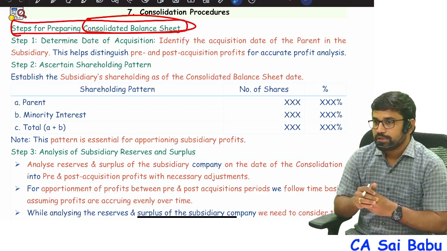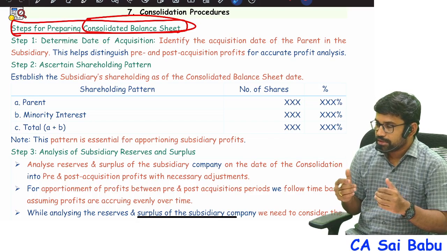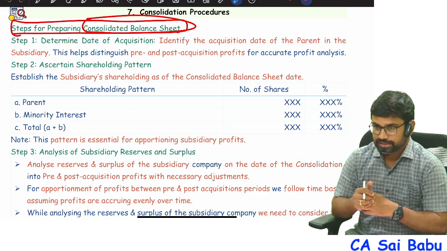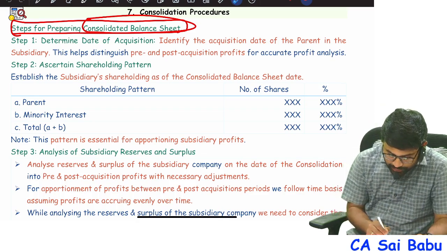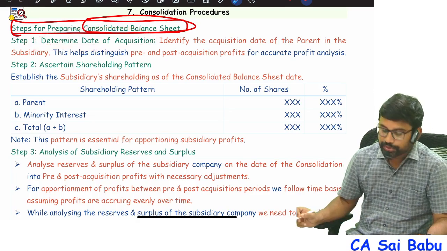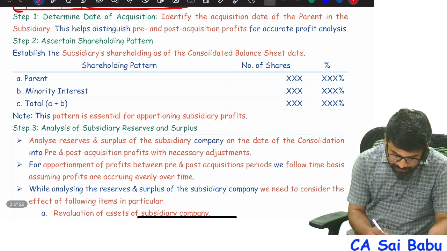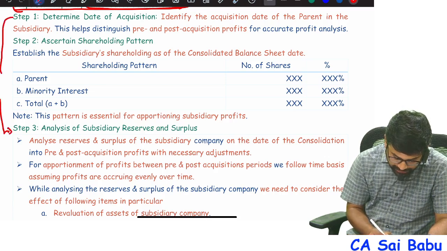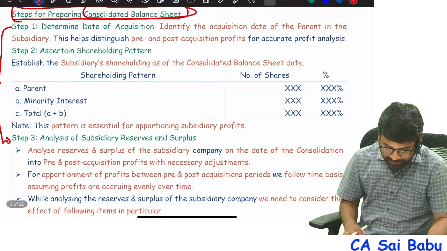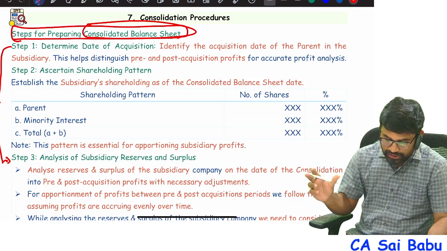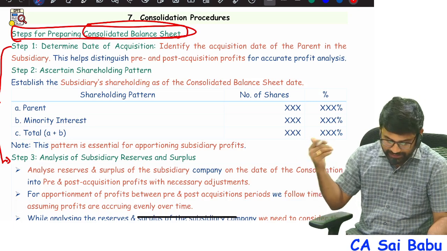Because in step number 3, when you want to do the analysis of subsidiary company profits, this date of acquisition is very, very important. So there is a link between step number 1 and step number 3. As I told you, each step is logical and interlinked with another step.